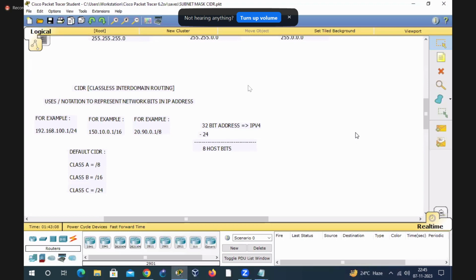The last one is class E. The local range is 240 to 255, and the range is 240.0.0.0 to 255.255.255.254.